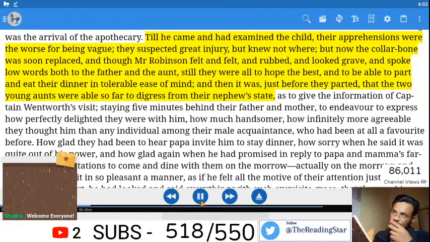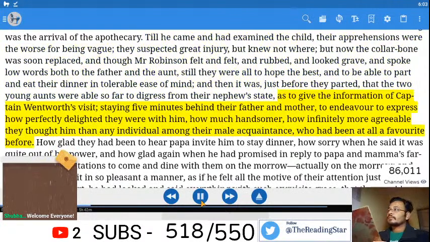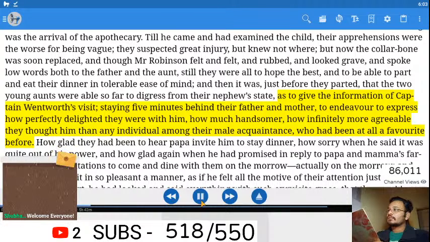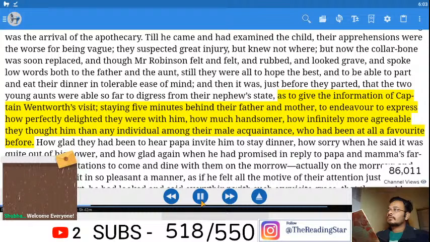And then it was, just before they parted, that the two young aunts were able so far to digress from their nephew's state as to give the information of Captain Wentworth's visit, staying 5 minutes behind their father and mother, to endeavor to express how perfectly delighted they were with him, how much handsomer, how infinitely more agreeable they thought him than any individual among their male acquaintance, who had been at all a favorite before.